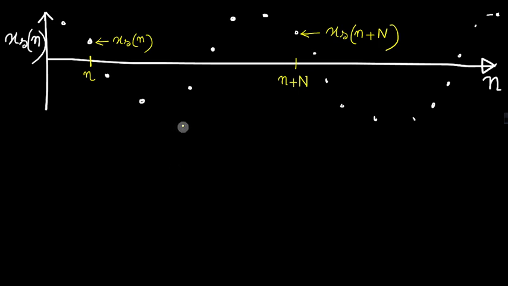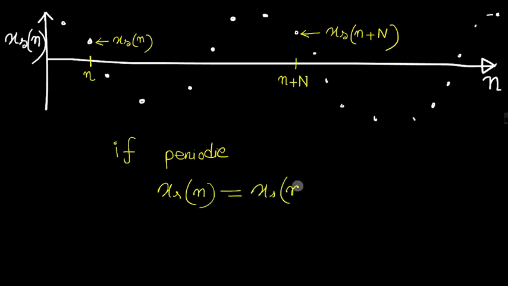These 2 voltage levels may be periodic or may not be periodic, but if this signal is periodic, then we can write that these 2 voltage signals are equal.